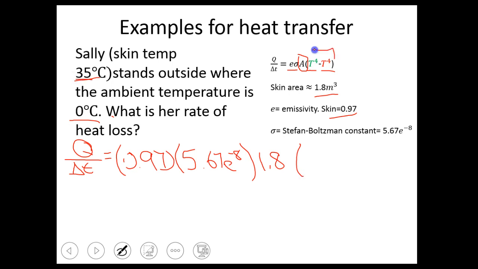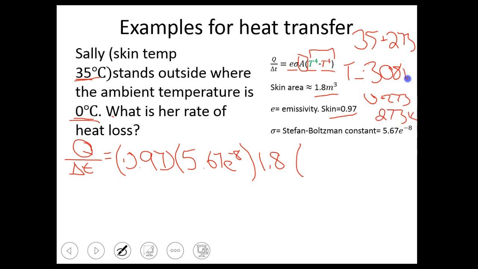Now this isn't just a temperature difference, and so I actually need to convert 35 to Kelvin. So I'll do 35 plus 273, which gives me a temperature in Kelvin of 308. Then the outside temperature is going to be 0 degrees Celsius, and 0 plus 273 is just 273 Kelvin.